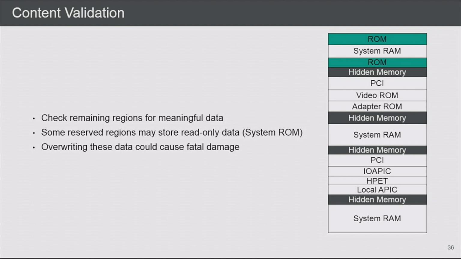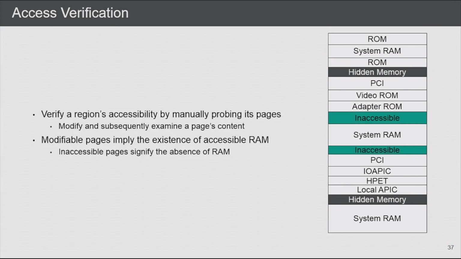Afterwards, we're going to check the remaining regions for any meaningful data, as some of the reserved regions could contain read-only data, like it's used for system ROM, and obviously overwriting this data could cause fatal damage to our system. As a last step, we need to verify if the remaining regions are indeed accessible and therefore are backed by RAM.